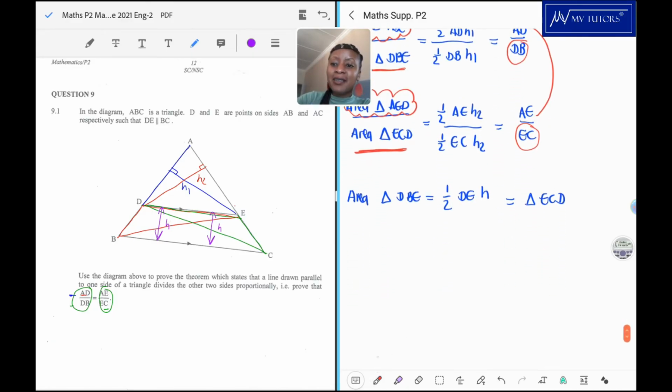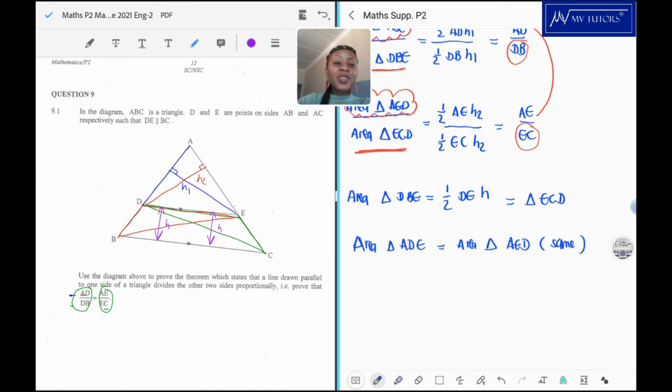So finally, as they want us to prove, the areas are actually equal, and we also know that the area of triangle ADE is actually equal to the area of triangle AED. Why? Because they're the same.